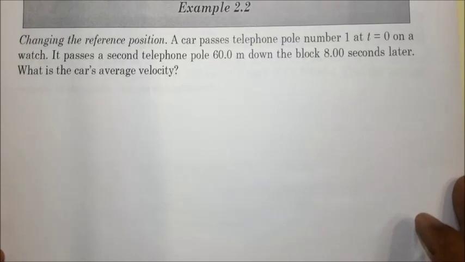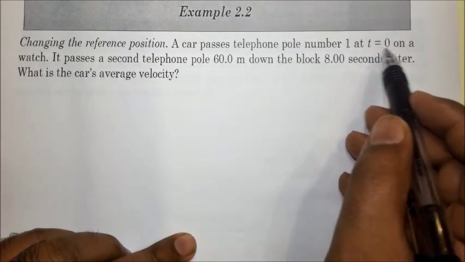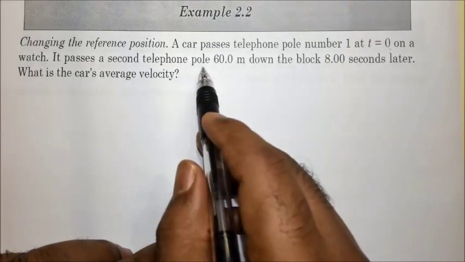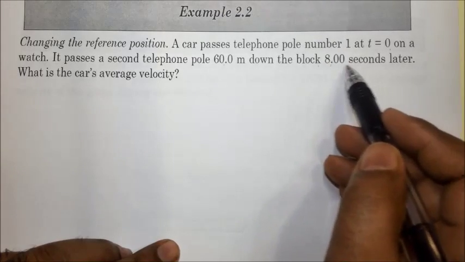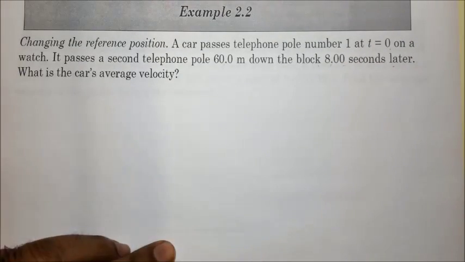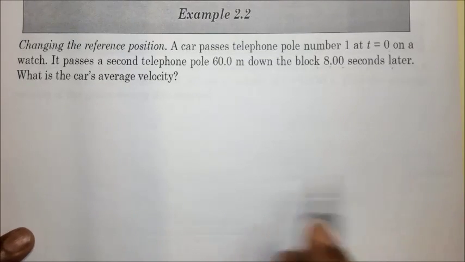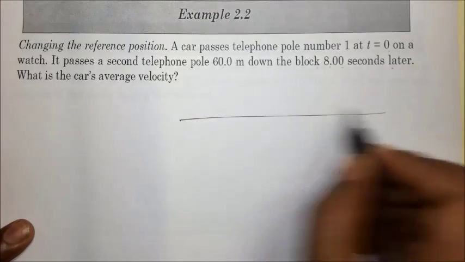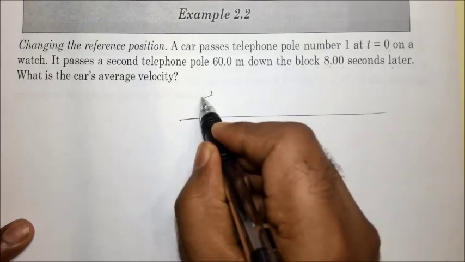Example 2.2. A car passes telephone pole number 1 at t is equal to 0 on a watch. It passes the second pole 60 meter down the block 8.00 second later. What is the car's average velocity? Okay. So now the reference is shifted.